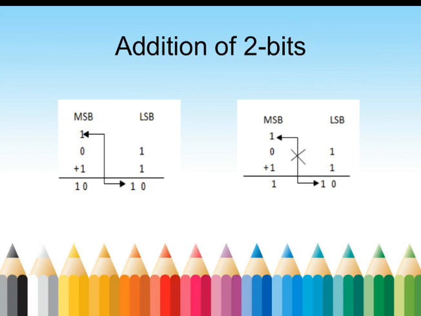For the second example, which uses a half adder circuit, adding the LSB bits gives sum 0 and carry 1. And in the MSB I already have 2 bits.